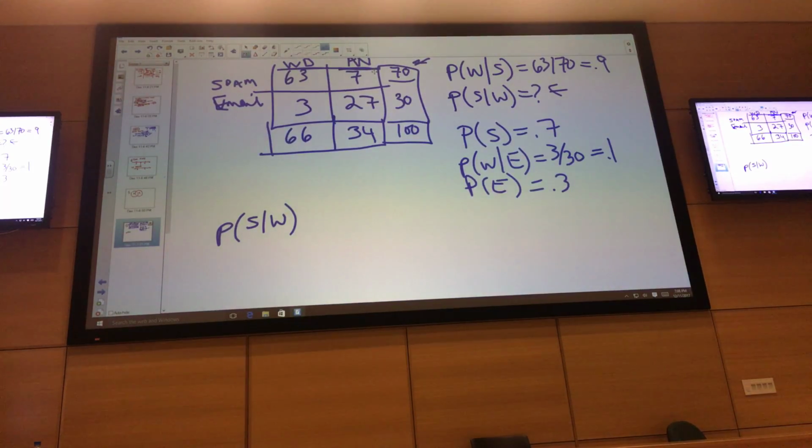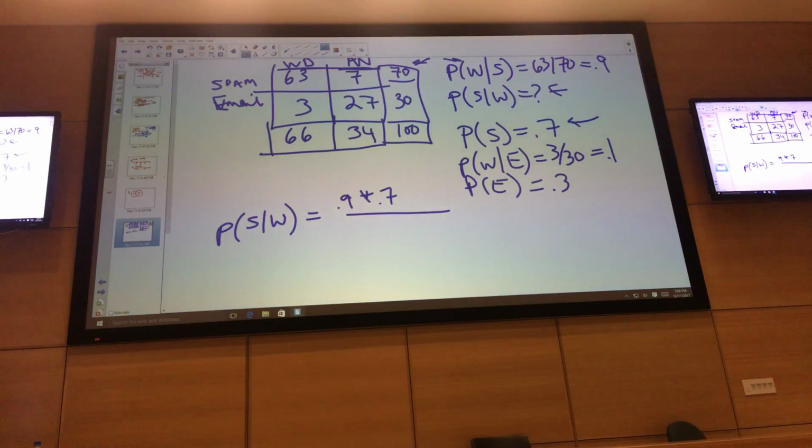We have to classify it and decide whether to send it to you, the user, or not. Right? So what is this going to be equal to? This is going to be the probability of wingdings given that it's spam, and that's 0.9, multiplied by the probability that it's just spam, which is this.